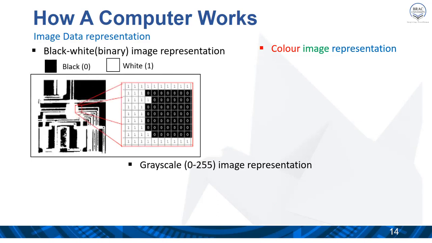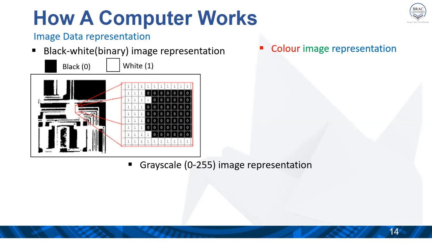Let me start with the black and white image representation. The black and white image is also known as binary image. It consists of two types of image pixels. One is black, another one is white pixels.